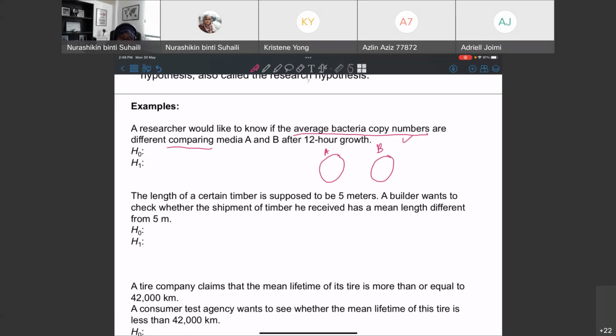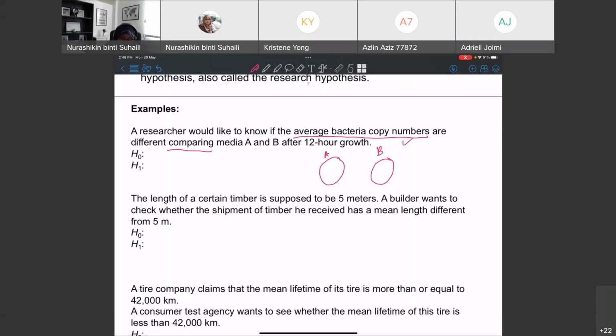Remember, you have two samples. So for the null hypothesis, let's say mu is mean, right? Average is always mu.